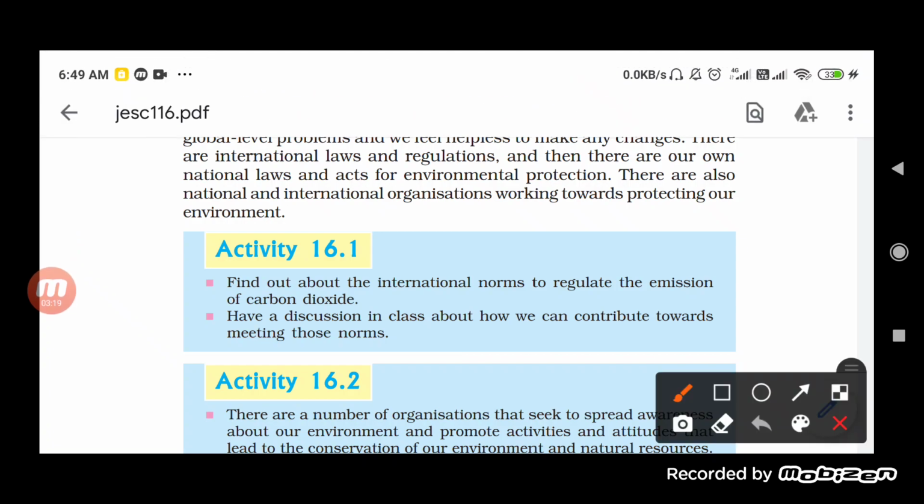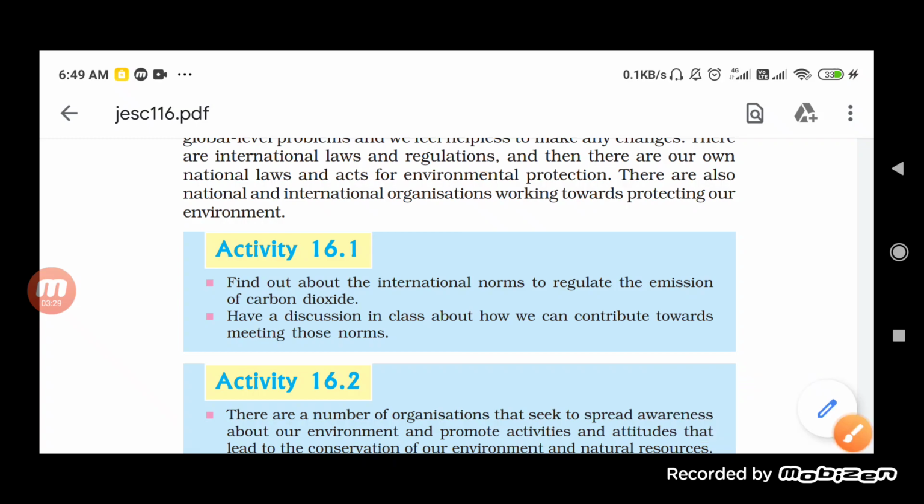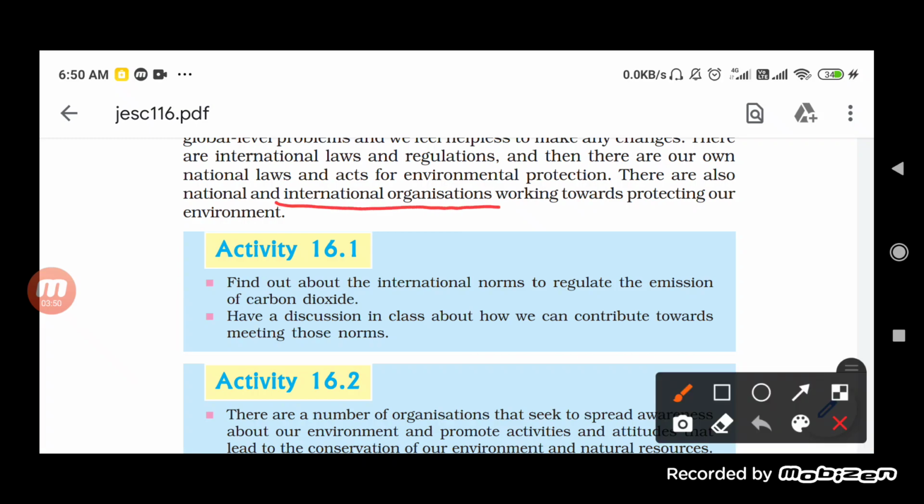And since development is there, students, we are helpless to make any kind of changes due to international laws and regulations. So there are a lot of laws and regulations, even national laws and national acts for environmental protection, and there are national and international organizations working towards protecting our environment.